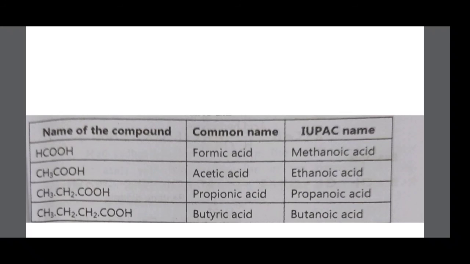Then the further structure is CH3CH2CH2COOH. Four carbon atoms are present in this structure, therefore the common name is butyric acid and the IUPAC name is butanoic acid, meaning the parent hydrocarbon is butane. In butane, E is replaced by OIC acid, therefore the IUPAC name of butyric acid is butanoic acid. Then further we will study methods of formation of monocarboxylic acids in the next lecture. Thank you for listening.